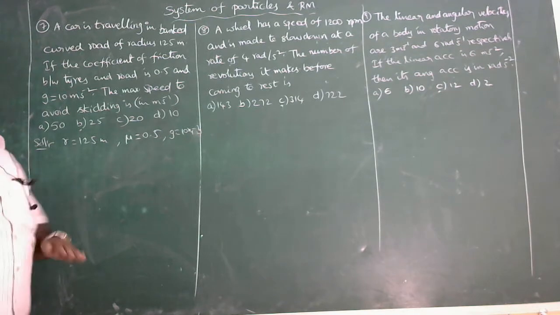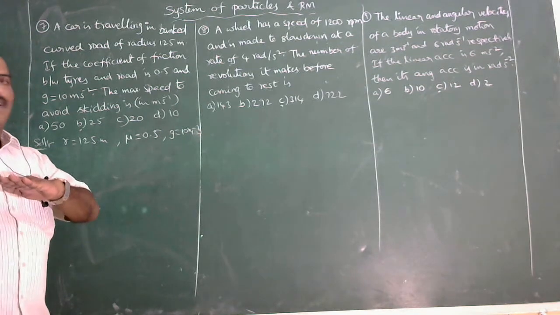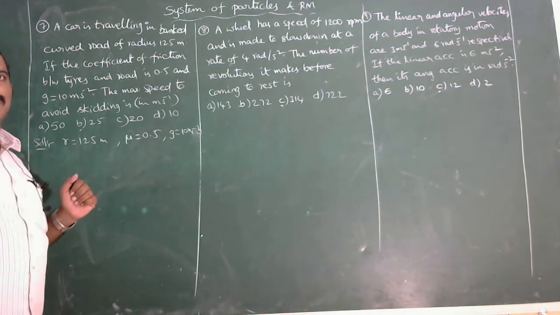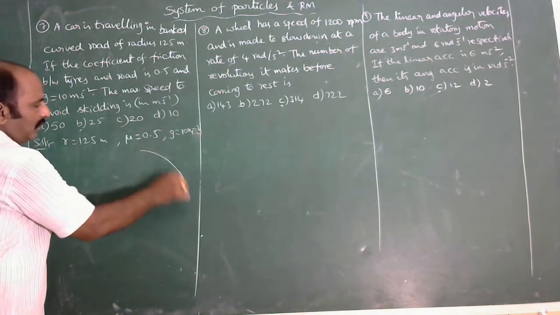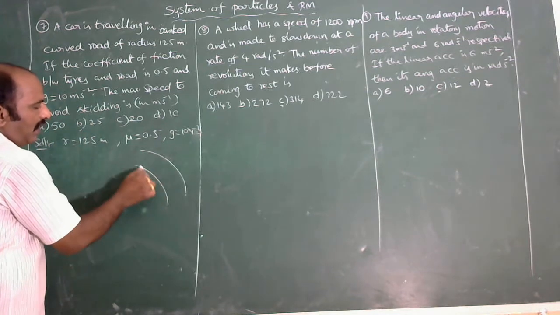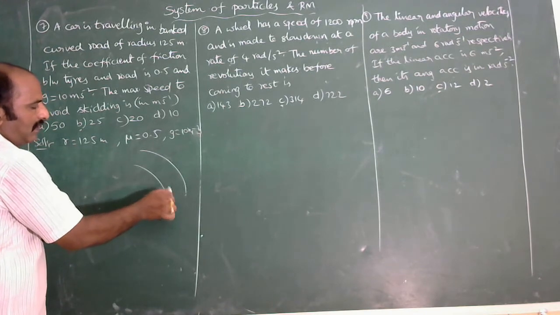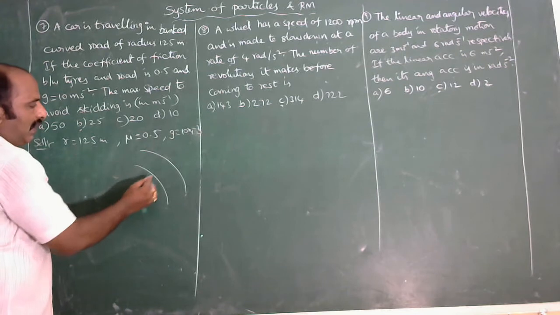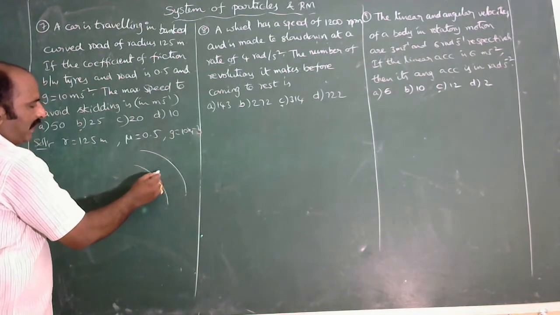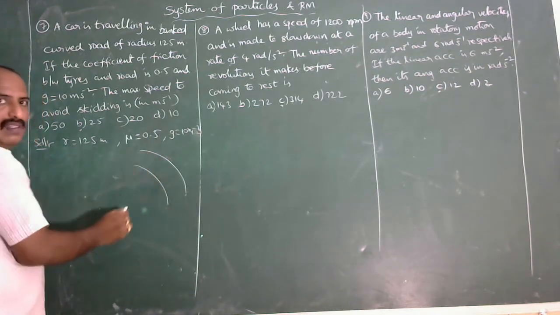Here, the car is moving along the horizontal and curved road. To avoid skidding, that means when the car travels along this curved path, some centrifugal force acts on it. To avoid skidding, the friction supports it.